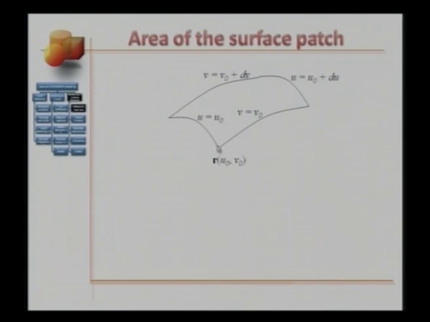Let's say this point is the position vector r at u equals u sub 0 and v equals v sub 0, the values of the two parameters. This point here will correspond to r of u sub 0 plus du and v sub 0, and this point here will be r of u sub 0, v sub 0 plus dv.